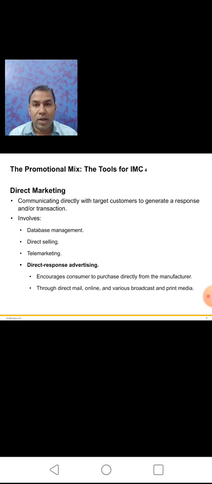Or when we get a call from any organization regarding a product or service, or we sometimes see brochures and pamphlets given to our homes and offices, and that also helps us in directly ordering the product. So whenever you want a direct response from the customer, then use direct marketing: email, pamphlets, telemarketing, and television.